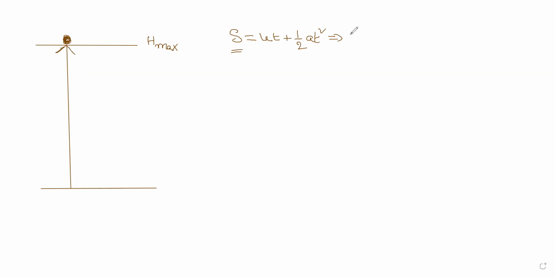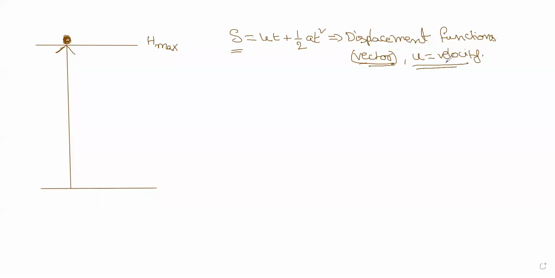If I use S as the displacement function, then the calculations become easy. Displacement is a vector quantity, so this method of solving is called vector mode. So the u is velocity here, and since it is velocity, it has its direction. Up to this point is clear.